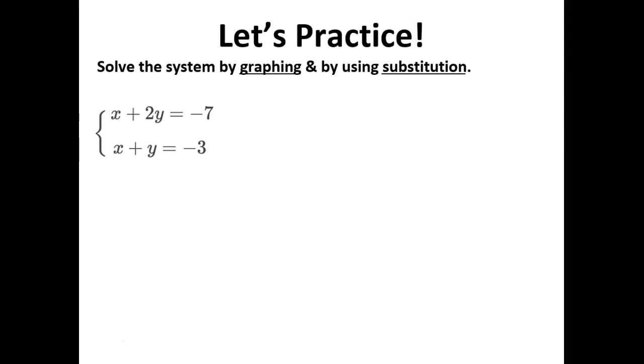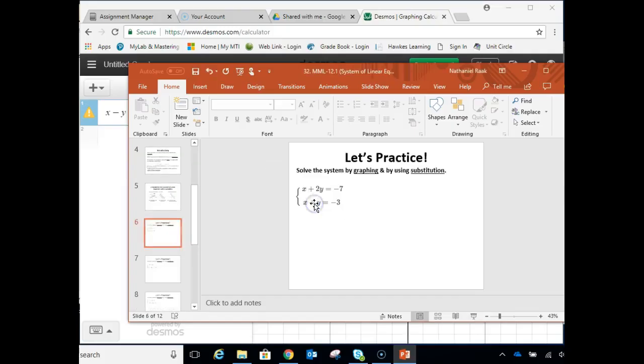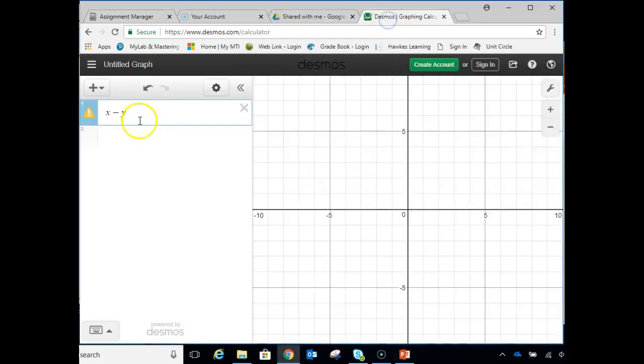So, doing some practice: solve the system by graphing and using substitution. If we're going to solve this system by graphing, to get a real good idea what's happening, we're going to need a fairly accurate graphing calculator.